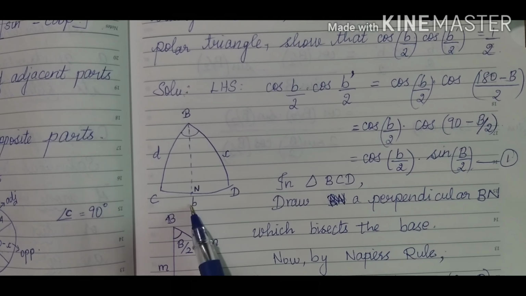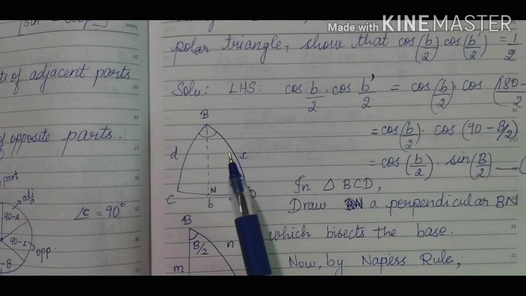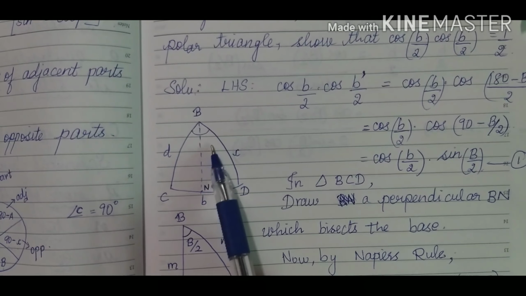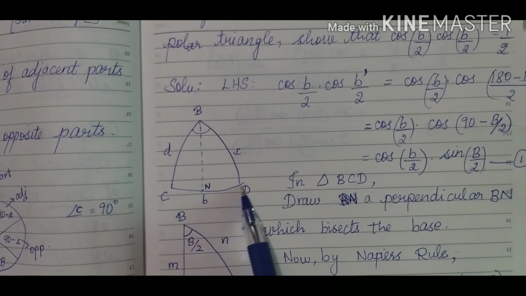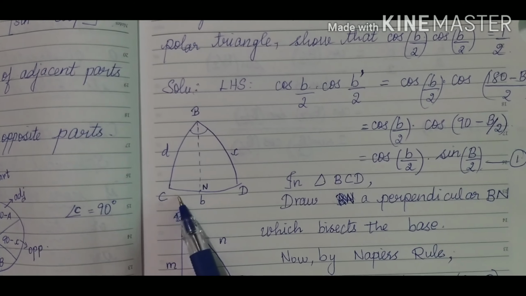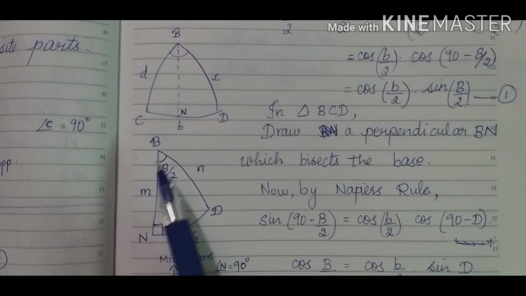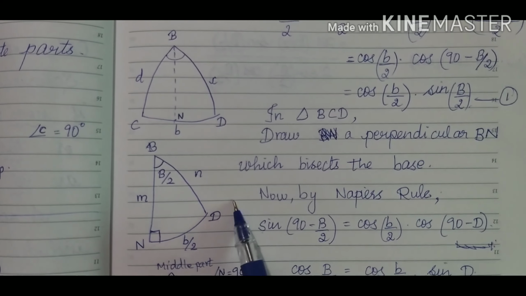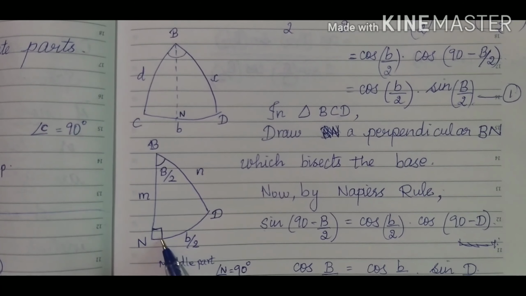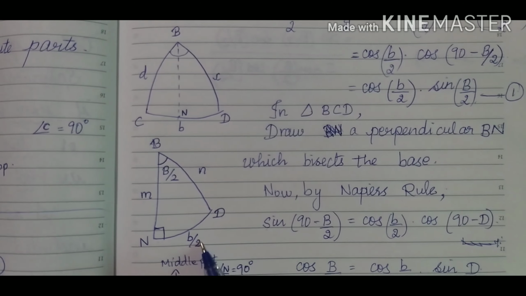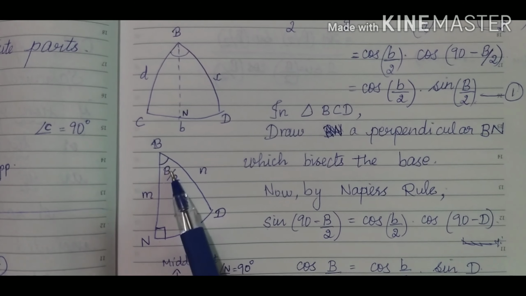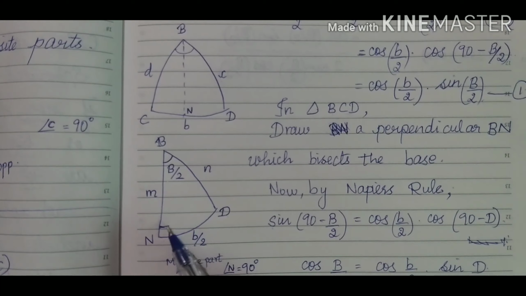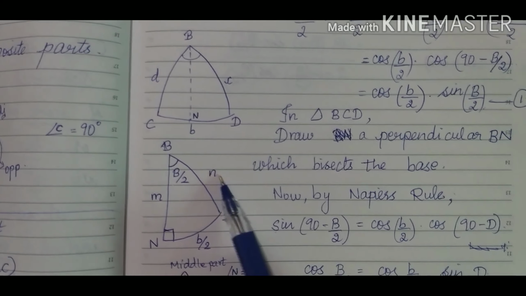Since this is an equilateral triangle, it will bisect the angle, which becomes B by 2, and this side also becomes small b by 2, and this will be another small b by 2. So we have another triangle, BND, where this angle is 90 degrees, the side length is b by 2, and this angle becomes capital B by 2. I've marked this as a small m, and the side opposite to angle n is small n.